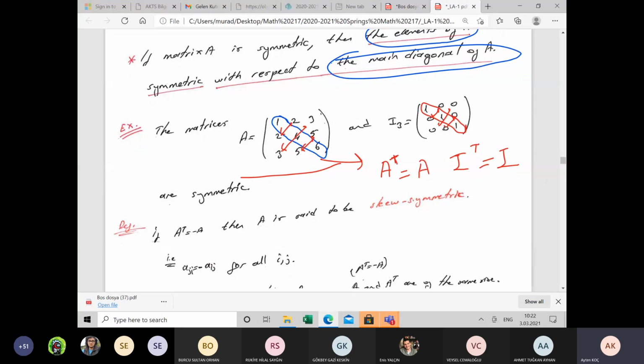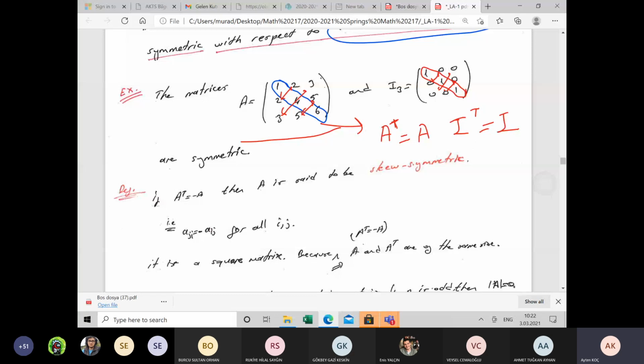Yes, let's end with the last concept, skew symmetric. Skew symmetric matrix means transpose of A should be minus A, which means every ij entry equals minus the ji entry. So transpose of A and A should be the same size, and it should be square.